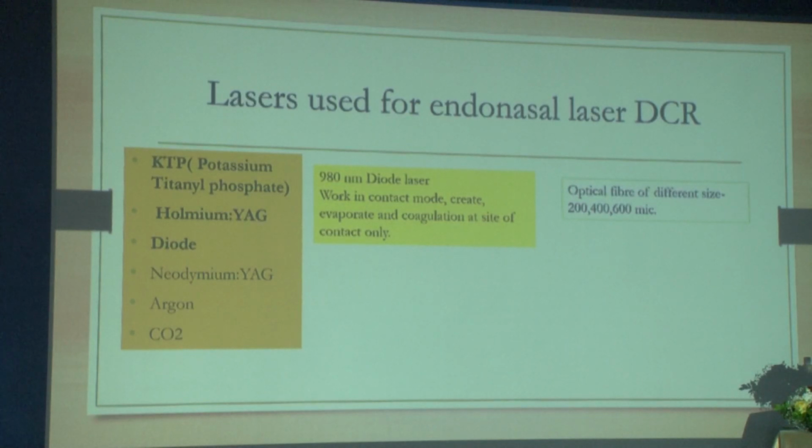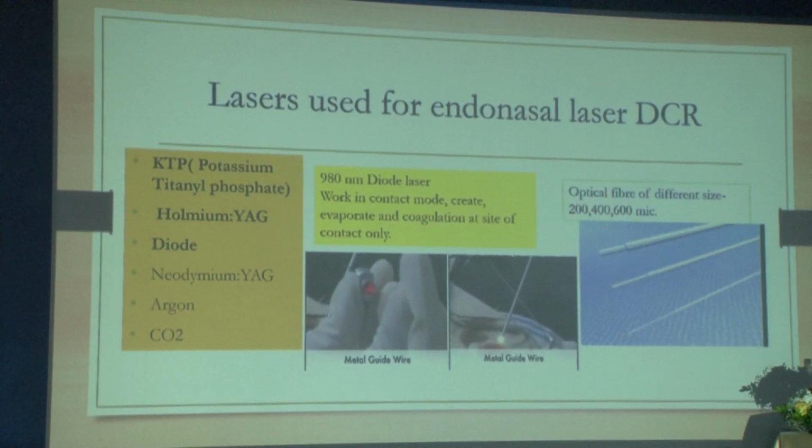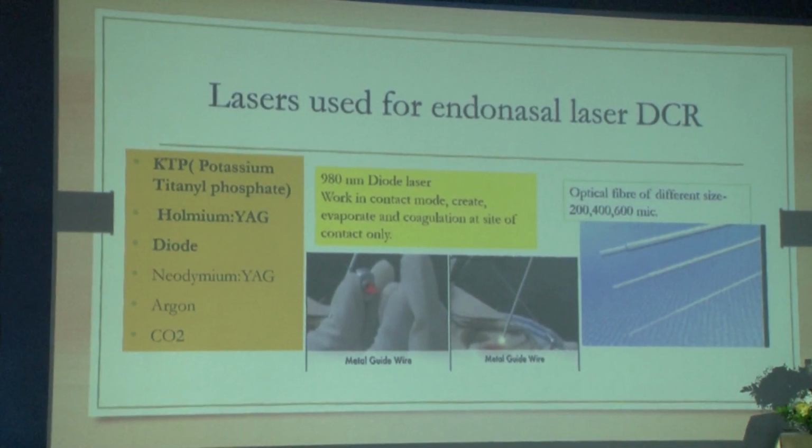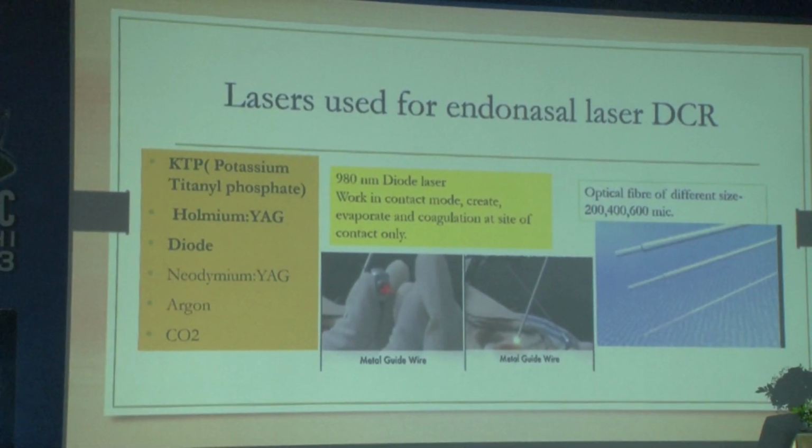It has different fiber optics of 200, 400 and 600 microns, because the smaller the diameter of the fiber, the more energy at the tip. Commonly a 400 micron diameter optic fiber is used, and it needs a metal guide wire, because if we deliver the energy, it causes burns of the punctum and canaliculi.